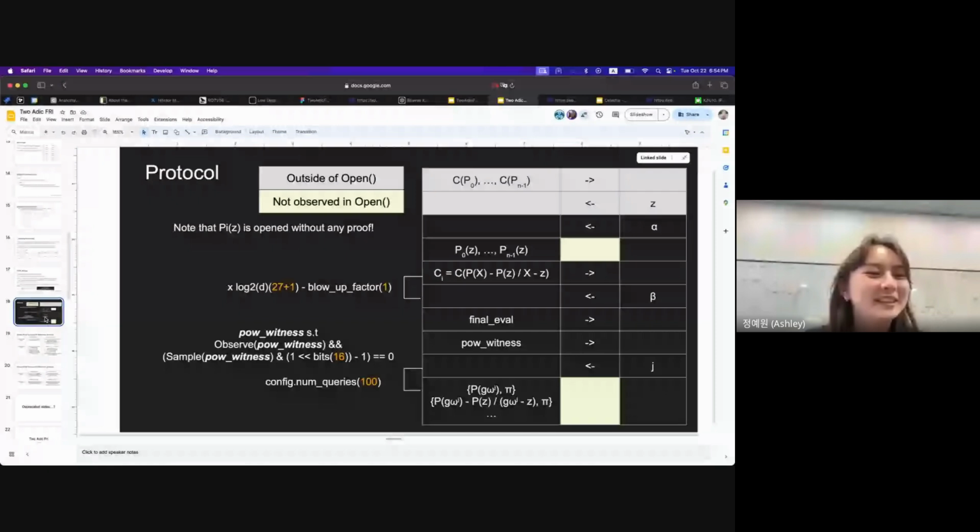Because we open some point at an index within the domain, it can't be the original polynomial values. It has to be some different values.